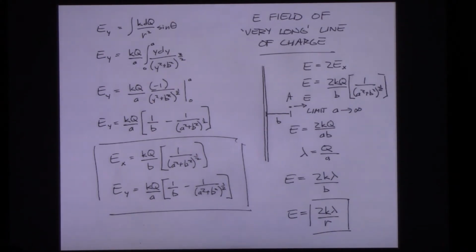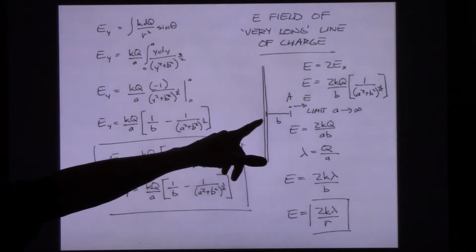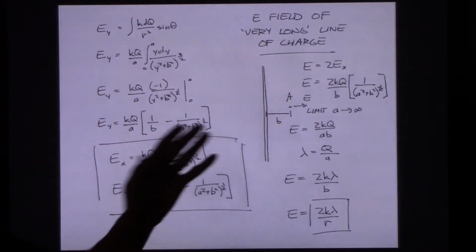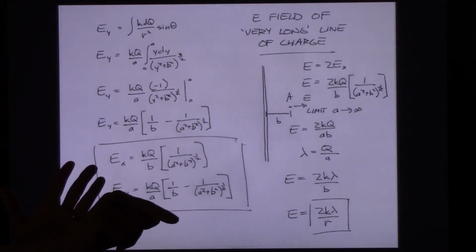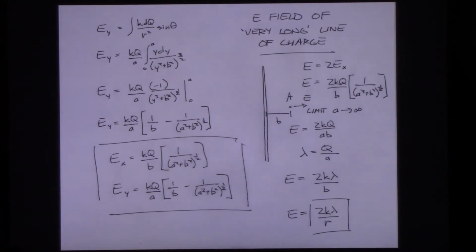That's the E field surrounding this long wire of charge, and it points away perpendicularly from that very long line of charge.